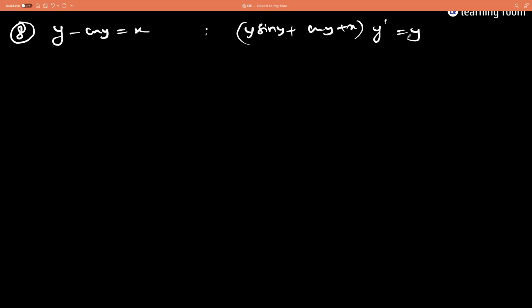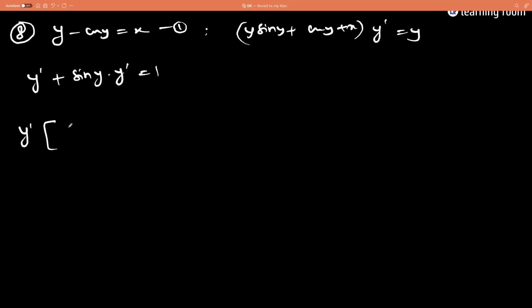Eighth one. y minus cos y is equal to x. And the function is y sin y plus cos y plus x into y dash is equal to 1. Let this be 1. So y dash plus sin y into y dash is equal to 1.